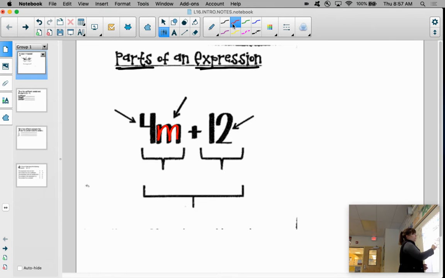Algebra does have letters in it, and the letter stands for an unknown. We don't know what that number is yet, and that is called a variable. So I want you to label that m as the variable.